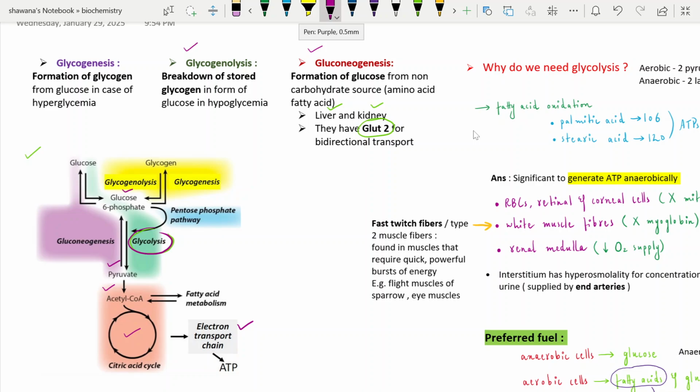Okay, and from pyruvate, glucose can also be produced by a process known as gluconeogenesis. Glycogen can be broken down by glycogenolysis and can be formed again by glycogenesis. This is just a brief explanation of the metabolism happening in our body.